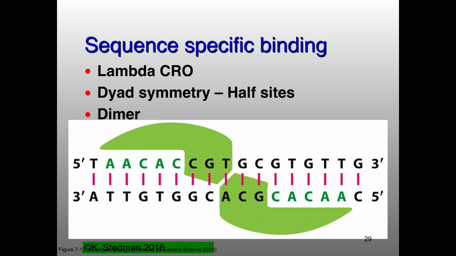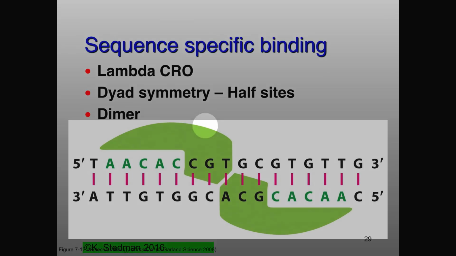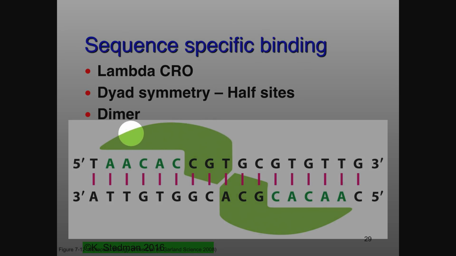We talked a little bit about dimeric DNA binding proteins. The key with the dimer is you now have one protein, so that's the green, Nike swoosh, I guess, here, binding to DNA. Each of these binds to the same sequence, but they're in opposite orientations.